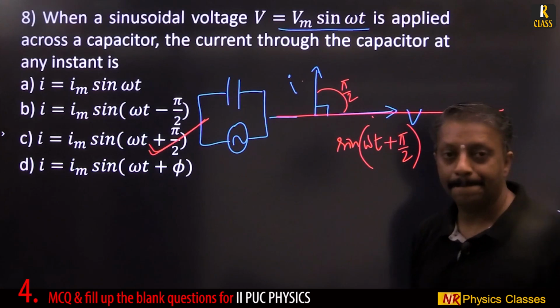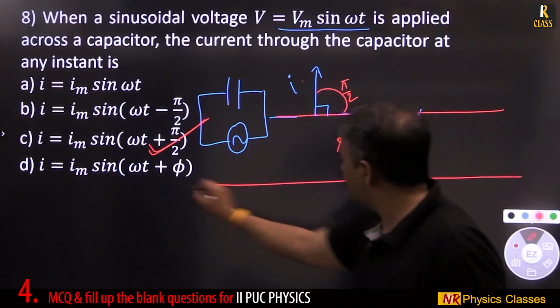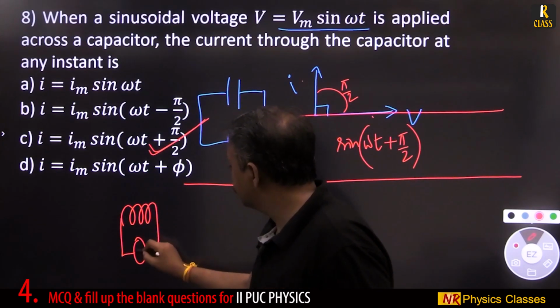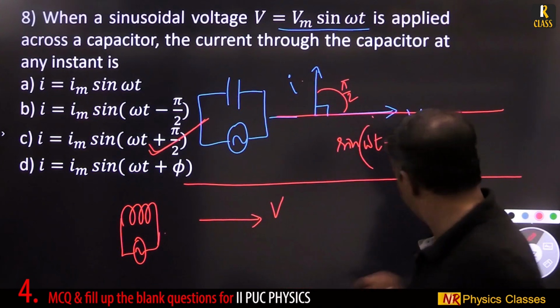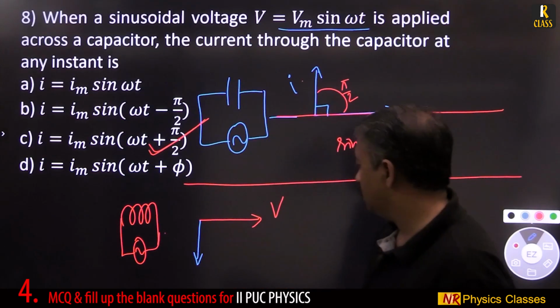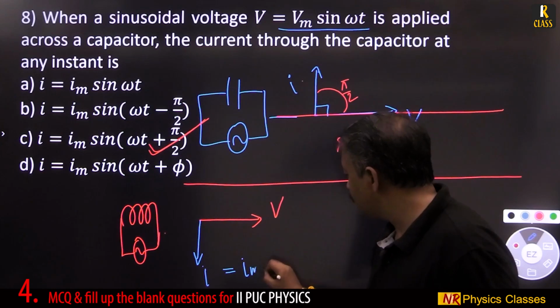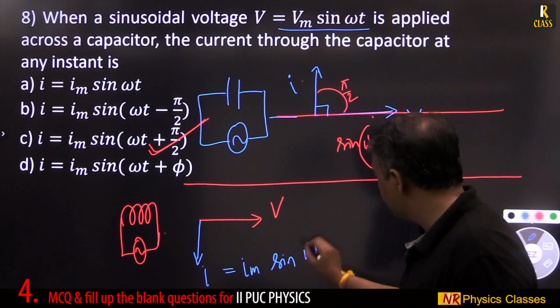This is in the case of a capacitor. Now in the case of an inductor connected to AC, voltage along the x-axis means current should be on the negative y-axis. Current is I maximum with respect to sin omega t.